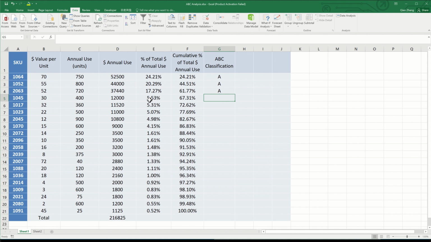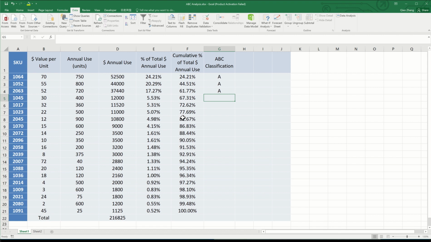And then we continue considering the other SKUs here. If we take a look, this is 61%, and here, this is 86%. We use 86% minus 61%, which is around 25%. This is the rule for the B category.